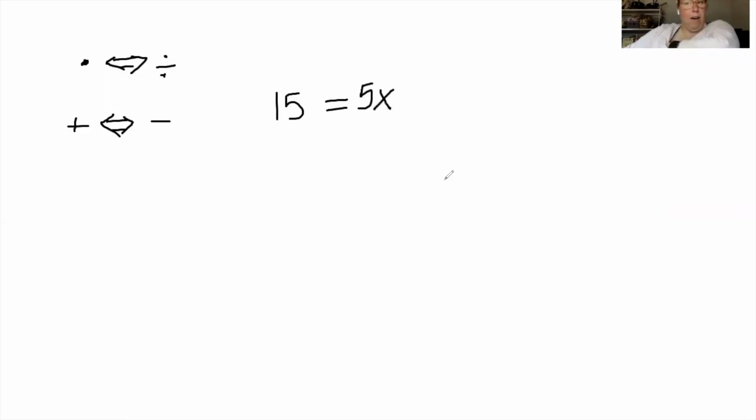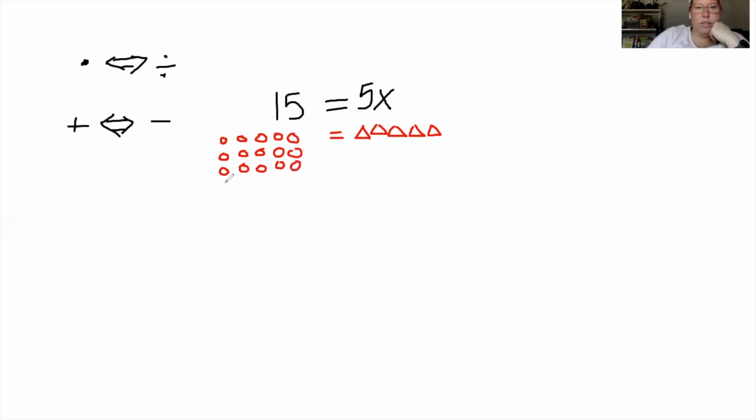So this says 5 pawns equals 15. Well, what we've done in the past was we made 5 pawns, and we made equal groups. So I got 5, 10, 15.